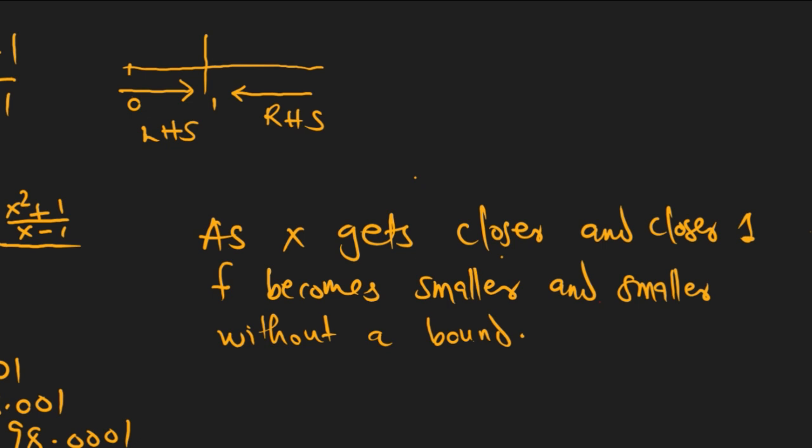Let's check for the right hand side. So using the same function for the right hand side, let me rewrite the function here. The function is f of x equal to x squared plus 1 over x minus 1.